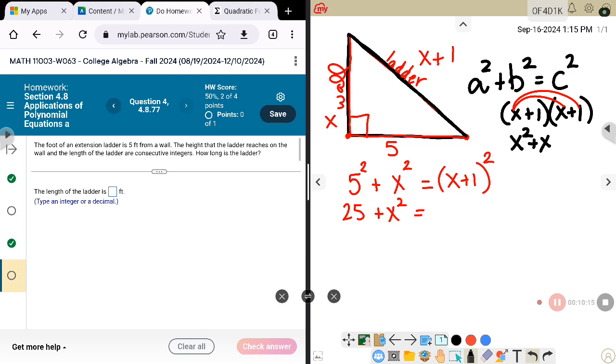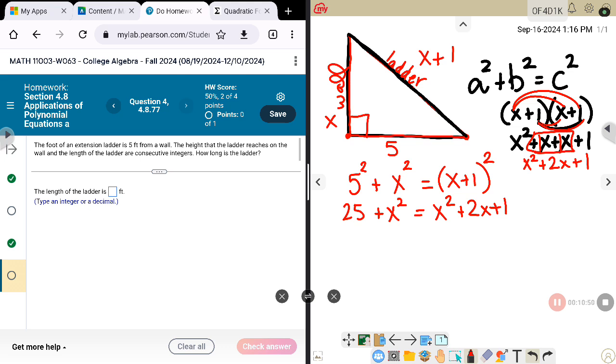My inner, 1 times x, gives me another x. And my last, 1 times 1, gives me 1. These middle terms are like terms, so I put those together. I have x squared, 1x and another 1x gives me 2x, plus 1. Once you do the x plus 1 squared, you get x squared plus 2x plus 1.